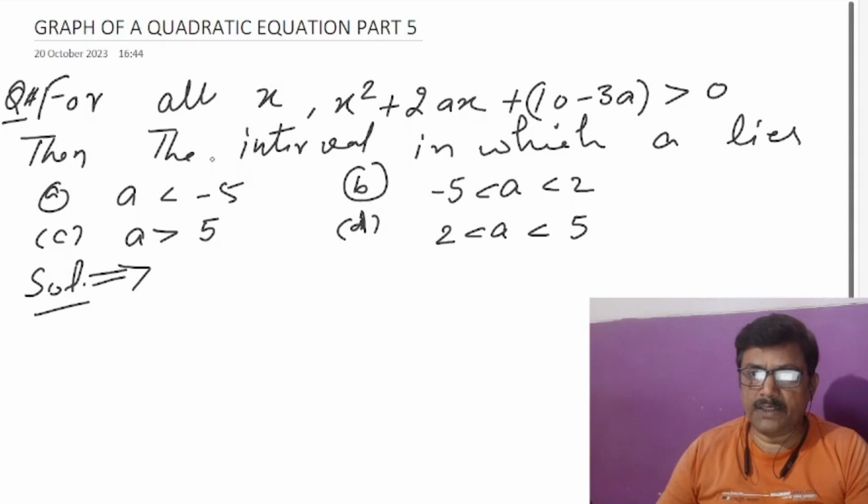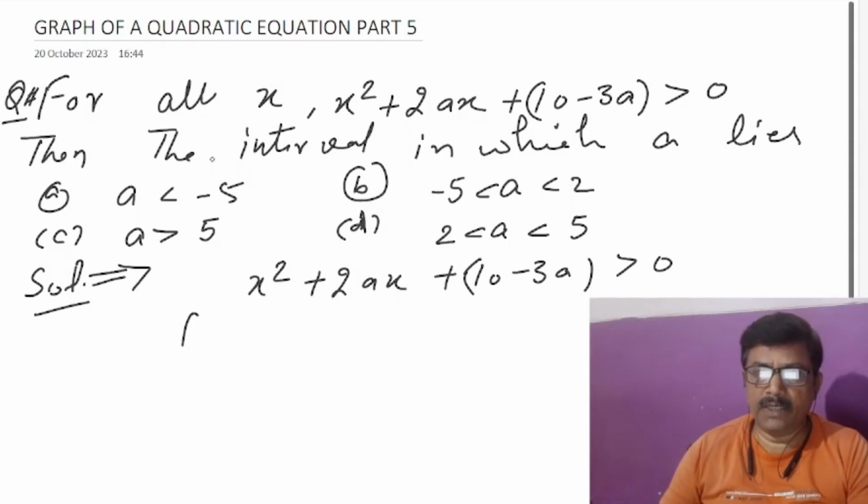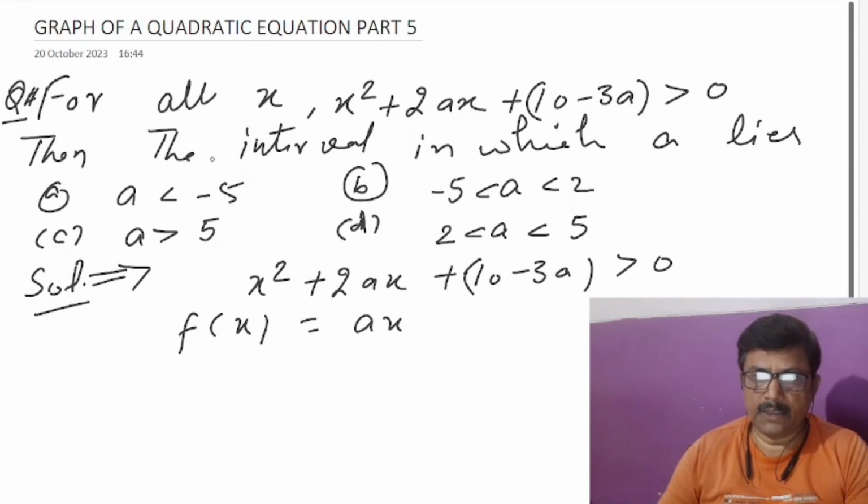So our quadratic is x square plus 2ax plus 10 minus 3a is greater than 0. Okay, how do we write a quadratic expression? We write ax square plus bx plus c.